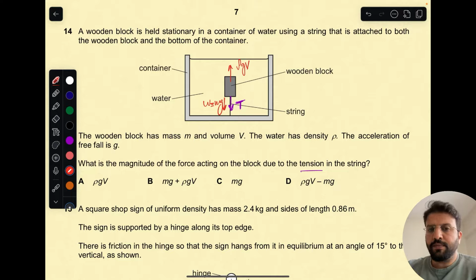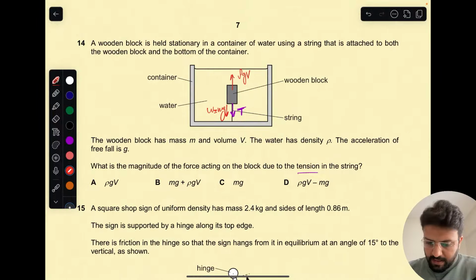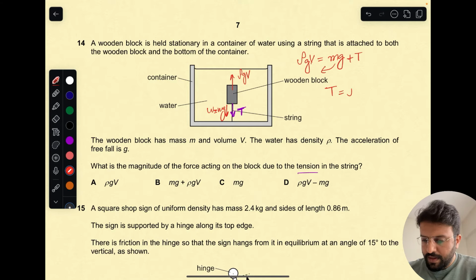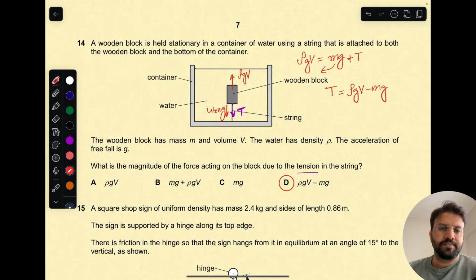So these are the three forces acting on it, and this object is stationary, it's not moving. It means that the upward force rho gV must be equal to the sum of downward forces, mg plus T. You have to find T, so this mg will go there, it will be rho gV minus mg. So this will give you option D.